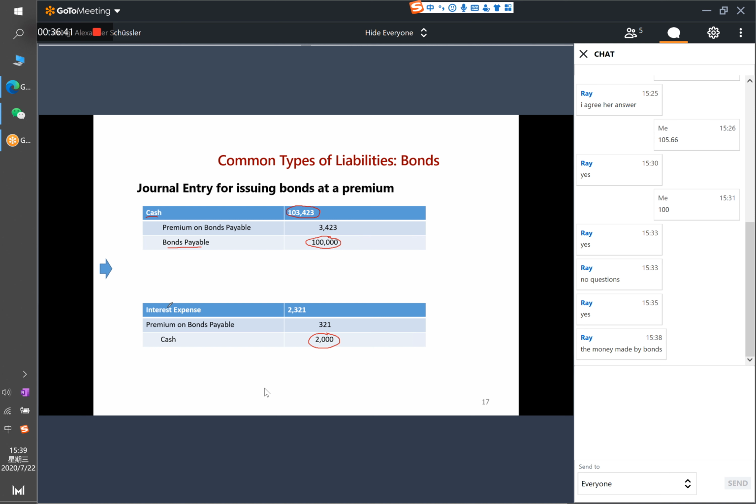But part of the interest expense comes from the premium.